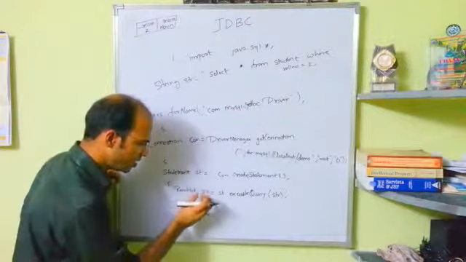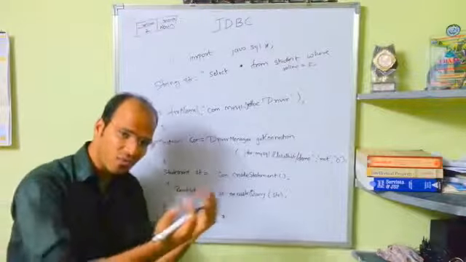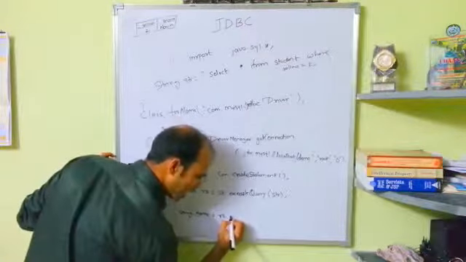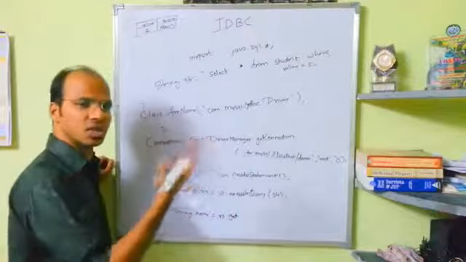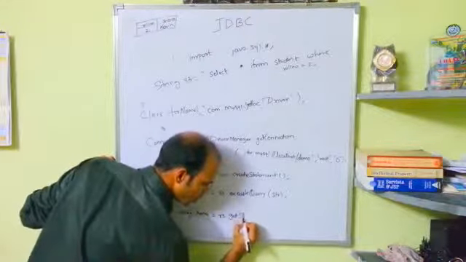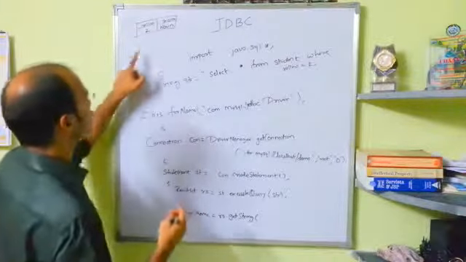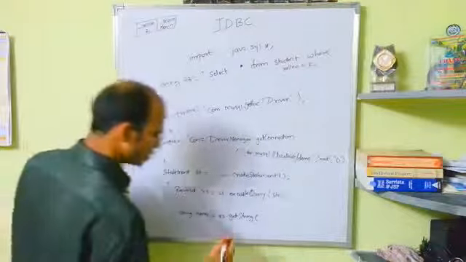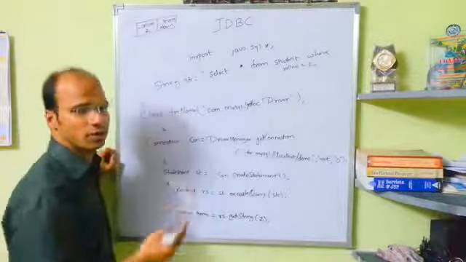The question is from where? I will get it from rs. So if I say rs dot, I want to take some value. If you want to get something, you have to use get. What do you want to get? You want to get some string. So getString. Now from which column? First column or second column? Again second column, right? So we have to pass 2. It will give from the second column.